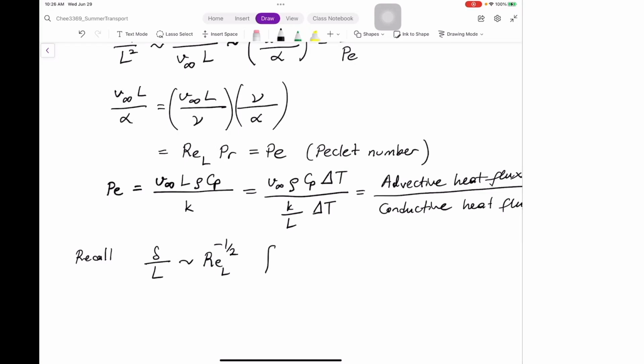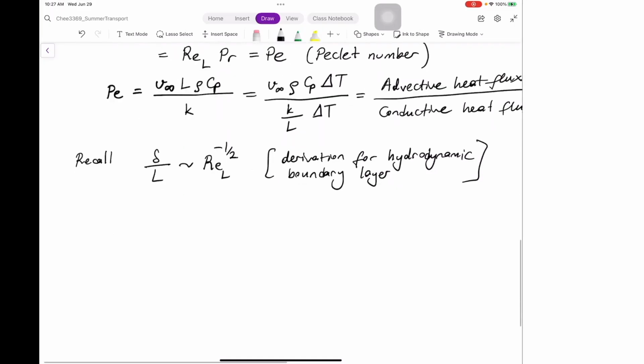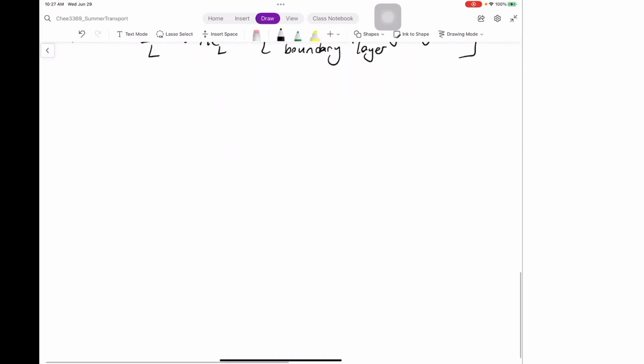So this is from the derivation for the hydrodynamic boundary layer. Correct?